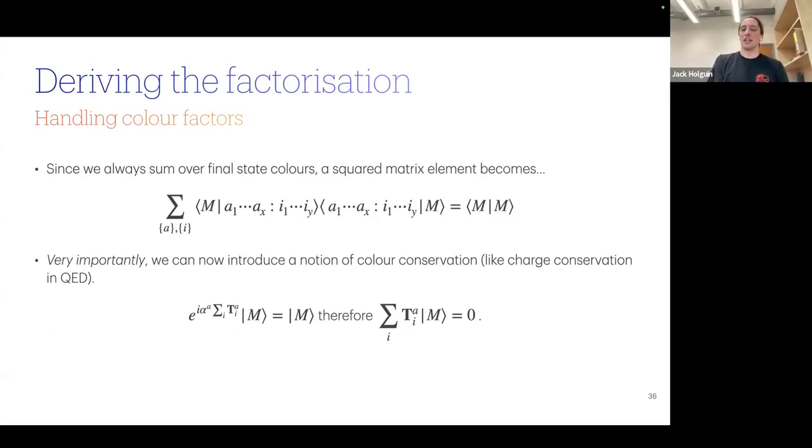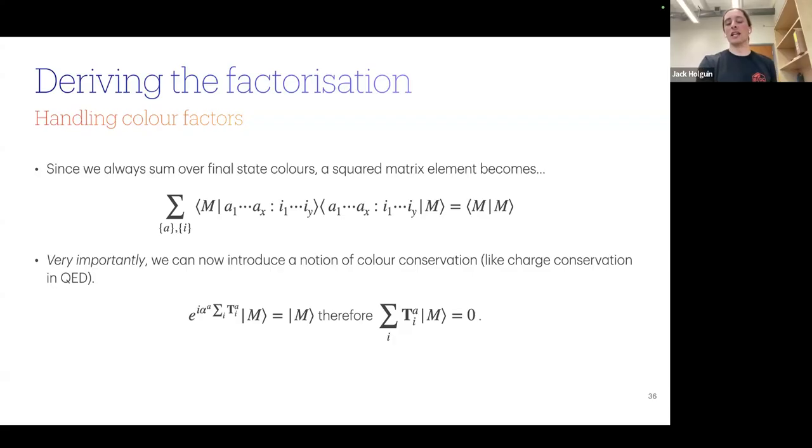But we can now introduce that notation very easily using this more abstract notation, because if we consider a matrix element M and do a general gauge rotation on it, which is just e to the i alpha A, where alpha is just some parameter, which we contract with a sum over all these possible color charges. So that sum over all of them is over all the possible particles in the event. Every particle has an associated field, and this is doing a gauge rotation on that particular field.